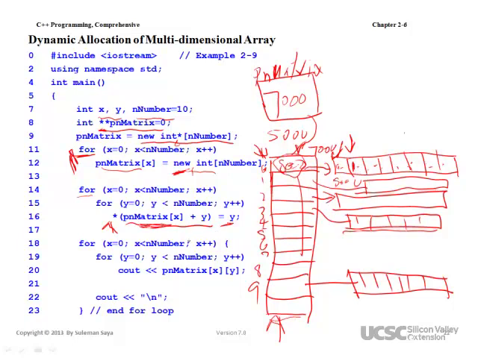Then we basically go up till this condition becomes false. So in this case we get 2, 3, 4, and the last one will be 10. Well, actually the last one will be 9 because we started with 0.